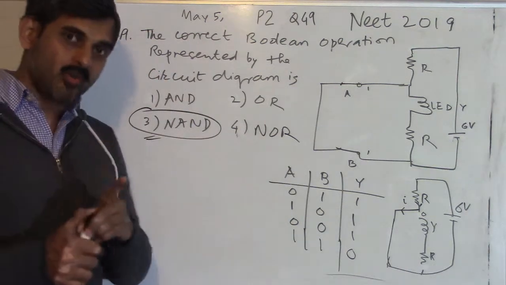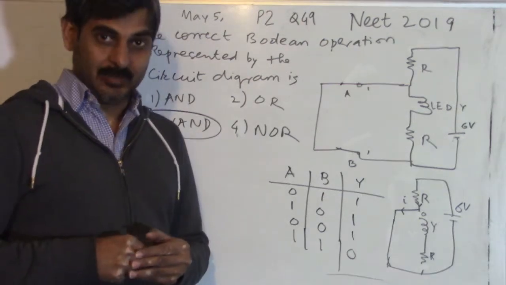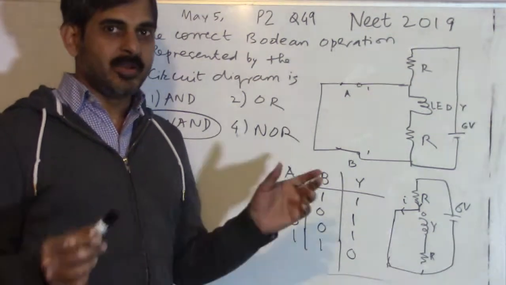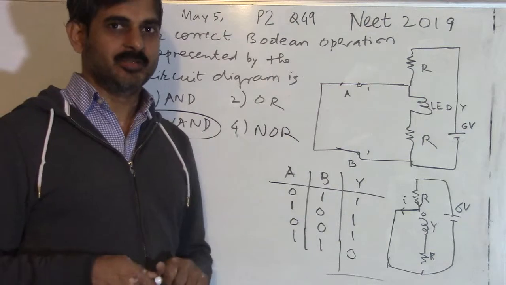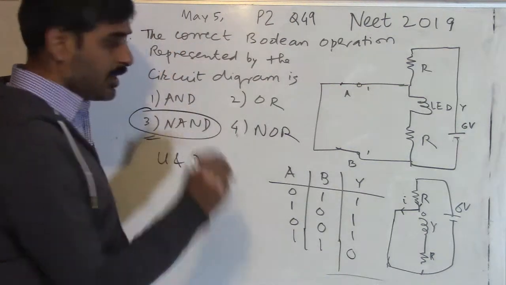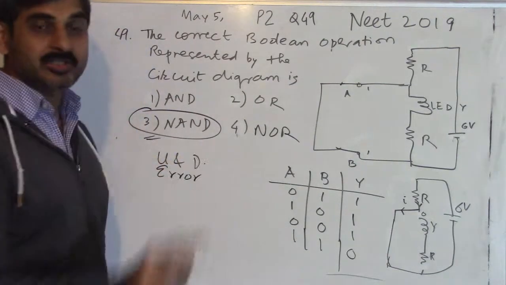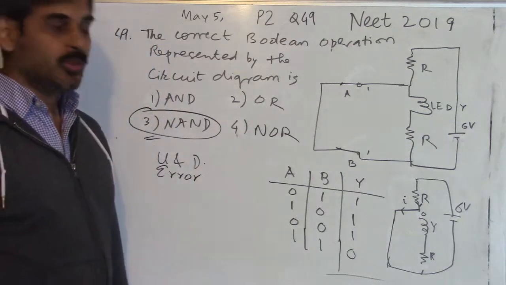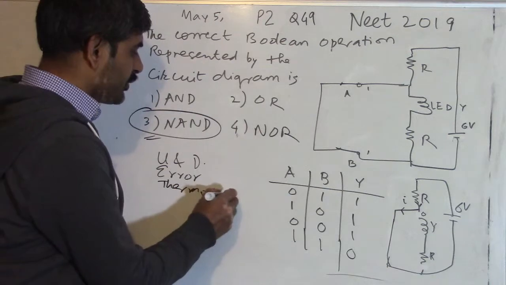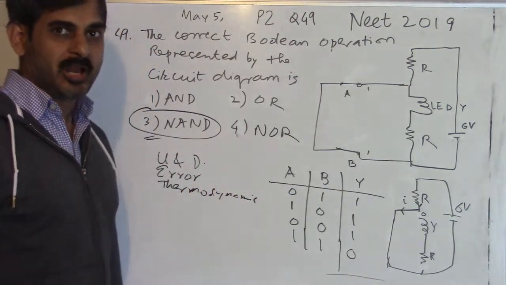One more important thing, if you are planning to do NEET in future again, make sure you read all the simpler chapters. And what are those simpler chapters? For example, units and dimensions, you must read that. Then in the same chapter you have errors and all these things about the errors. You must also try to study thermodynamics. For example, it does not take a lot, but you should be able to solve these questions from thermodynamics.